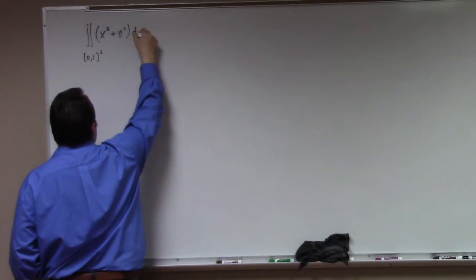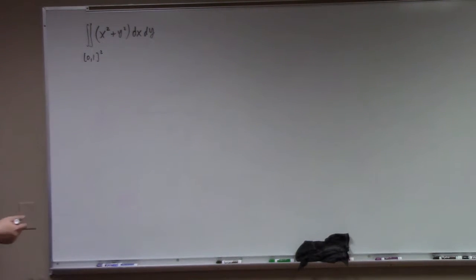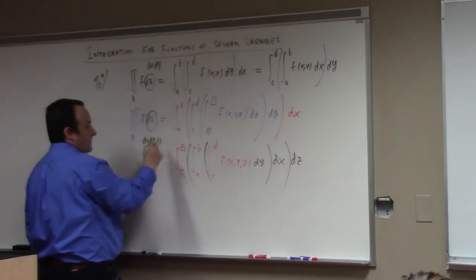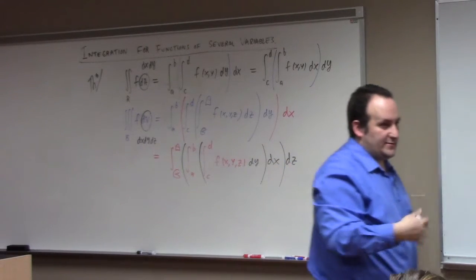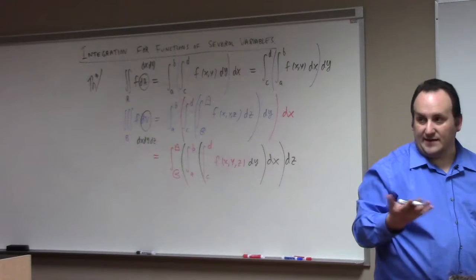And often we write dx dy for dA, okay? I've been writing dA, but in place of dA, you can also write dx dy. In place of dv, you also can write dx dy dz, okay? Those are common notations. If you don't want to write dx dy dz, you can just write dv. If you don't want to write dx dy, you can just write dA. Yeah?